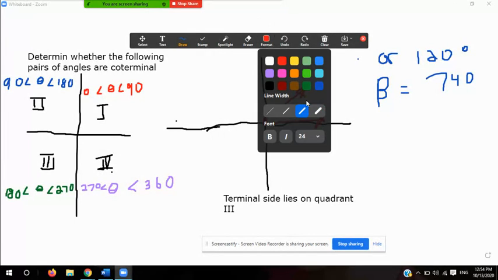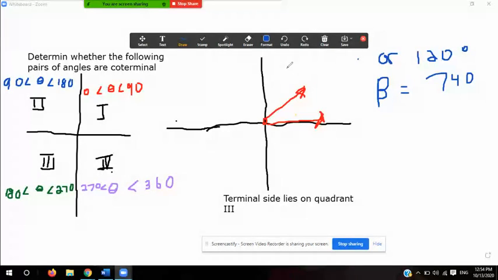Now, let's look at 740 degrees. We're assuming that it's in standard position, so it's going to start in the same position, the positive x-axis, but it's more than one rotation. Because it's positive, we assume that the rotation is counterclockwise. One full rotation is 360 degrees, but it's 740, so there's another full rotation.